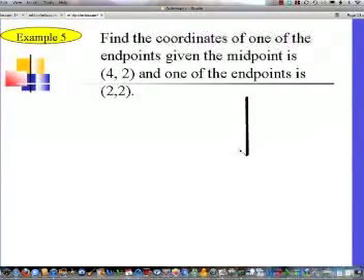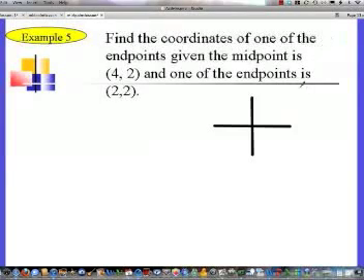This one's going to have, okay, 1, 2, 3, 4, 2. So this is the midpoint. And one of the endpoints is at 2, 2.